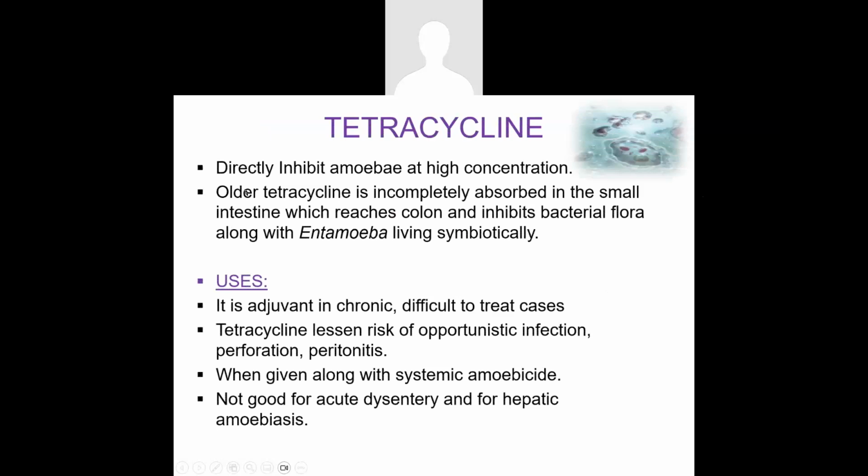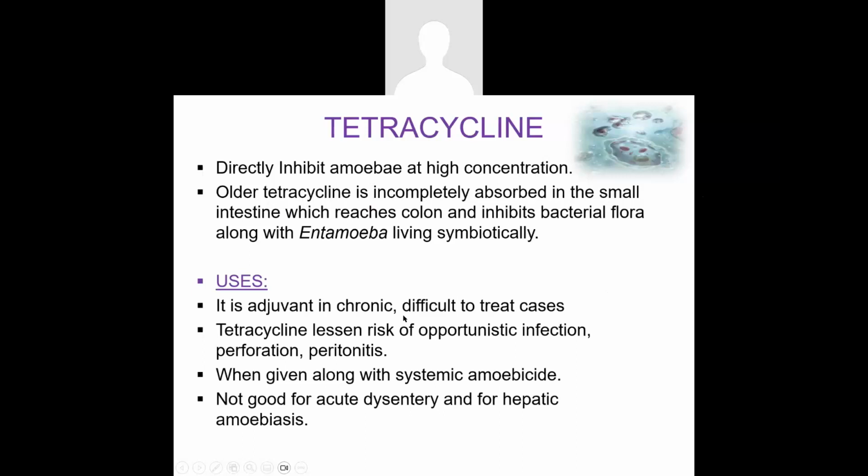Tetracycline inhibits amoeba at high concentration. Although tetracycline is incompletely absorbed in the intestine, it reaches the colon and inhibits bacterial flora along with the entamoeba histolytica, which lives symbiotically. So tetracycline, not absorbed completely, reaches the colon and inhibits the bacterial flora.